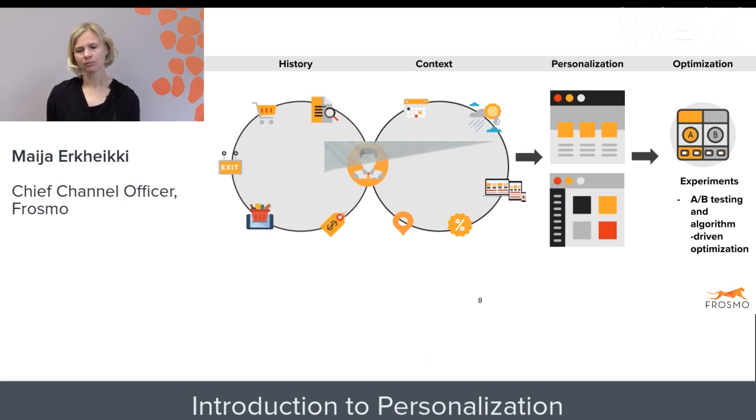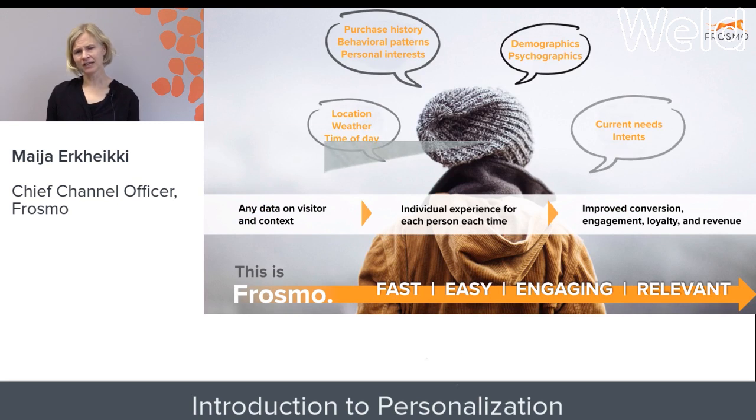Then what it practically looks like is that even though we might not know who your visitor is, here we have an unknown person, there is still a lot of data we can take. And the data is, there are some examples in the bubbles around the person.